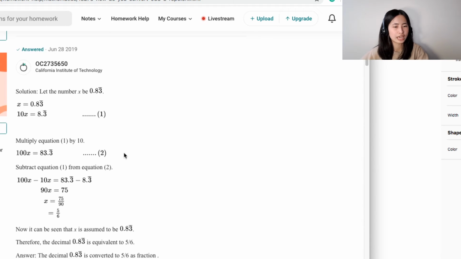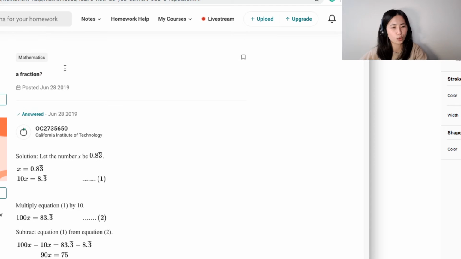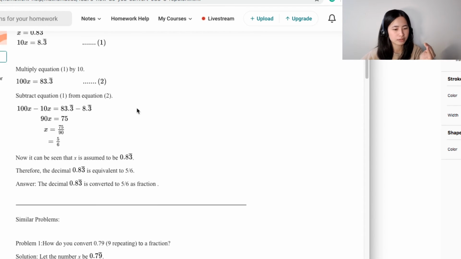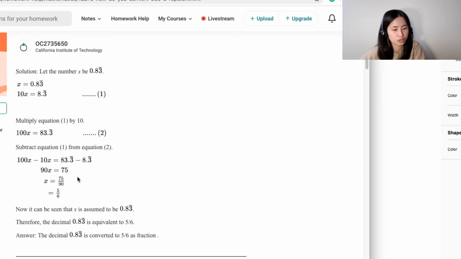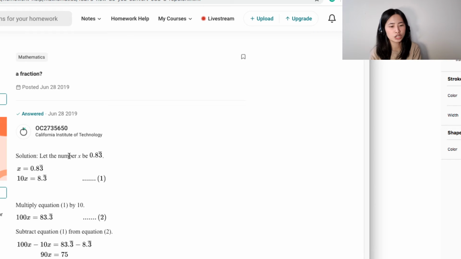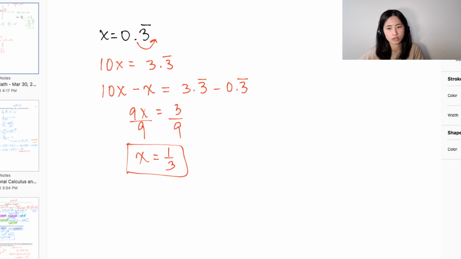Just by reading the solutions, you can actually tell. They're looking for the fraction when your decimal is 0.83, and the one that's repeating is 3, not 8. Does that make sense? So how do you express 0.83 with 3 being repeating as a fraction? That's the question.